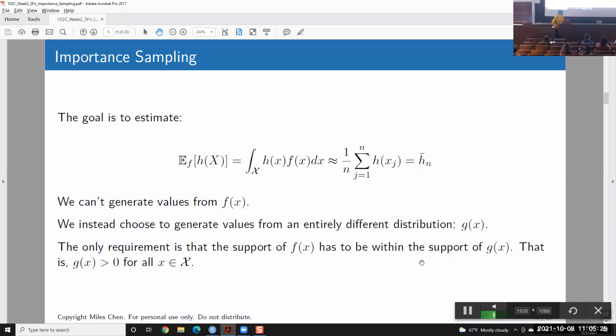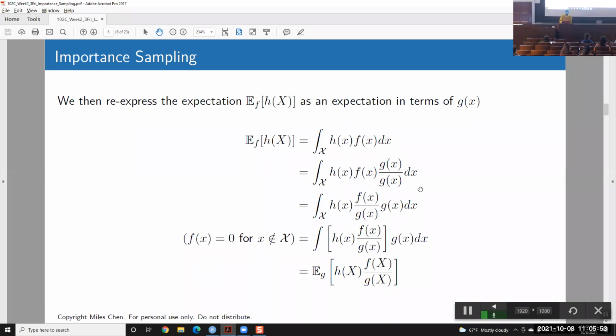The only requirement is that anywhere where f is not 0, g is not allowed to be 0. You can't have a random variable g or PDF g where it's 0 someplace where f is not 0. As long as this condition is met, we can do this.